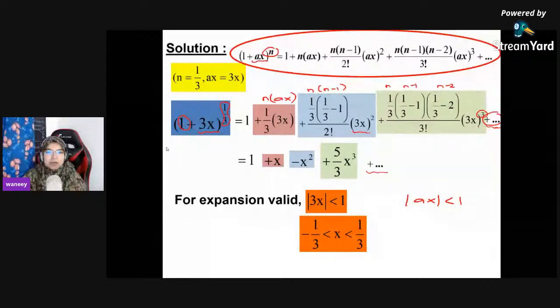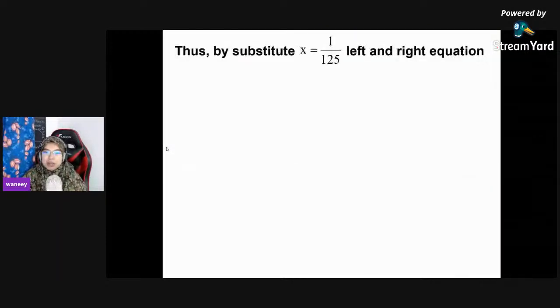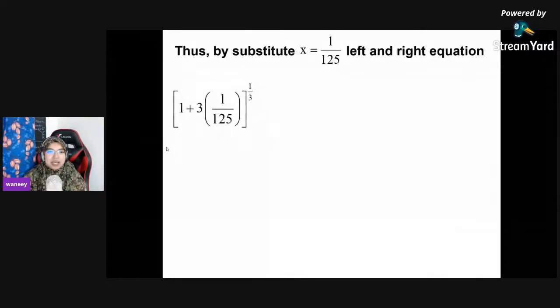Okay, so now we have to substitute x equals 1 over 125 on the left hand side and right hand side of the equation. So substitute on the left hand side. On the left hand side we have 1 plus 3x, right? So this is (1 plus 3 times 1 over 125), and then everything to the power of 1 over 3.